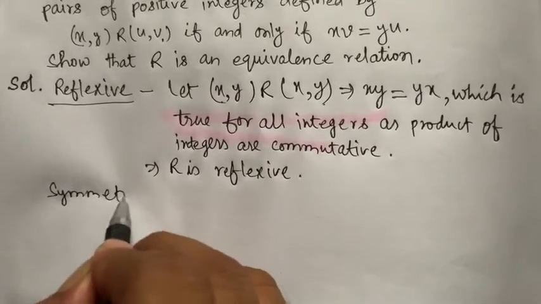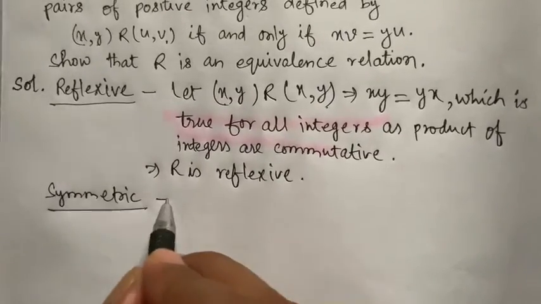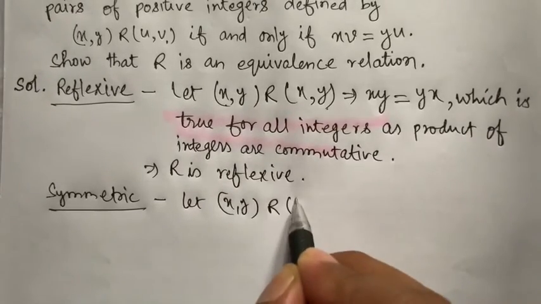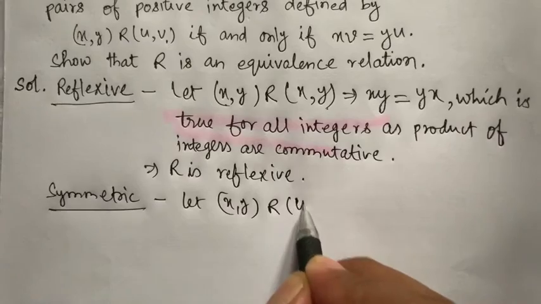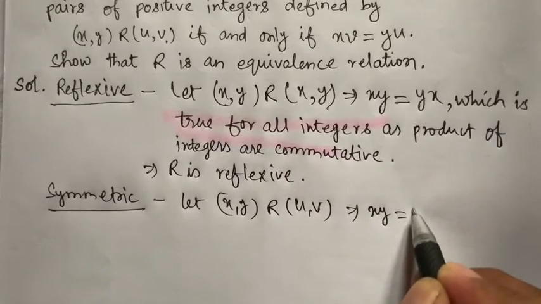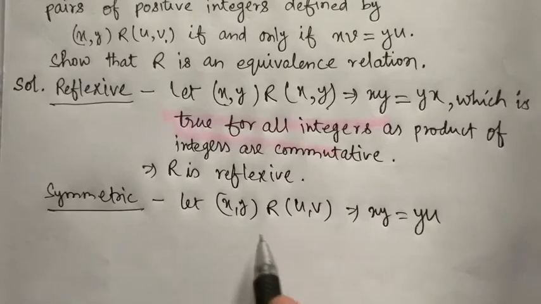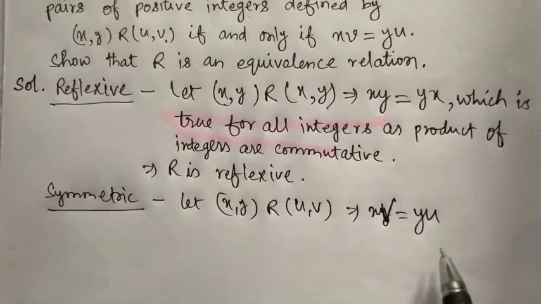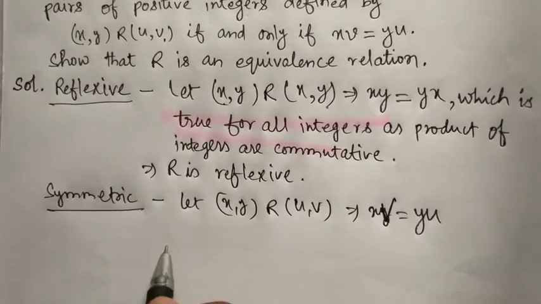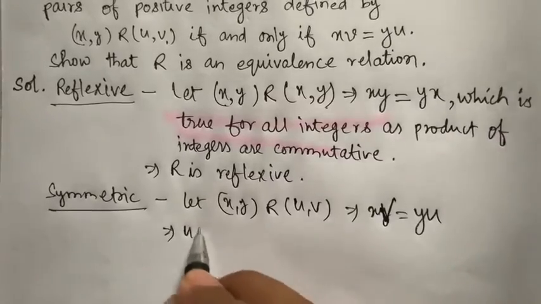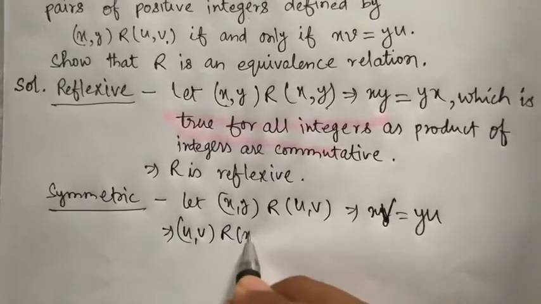For symmetric, we take it like, let (x, y) R (u, v), and it implies xv is equal to yu. (1) Now, does this mean that (u, v) R (x, y)?